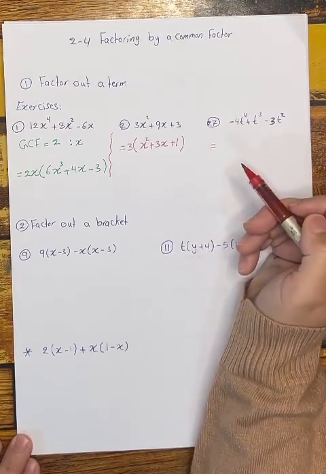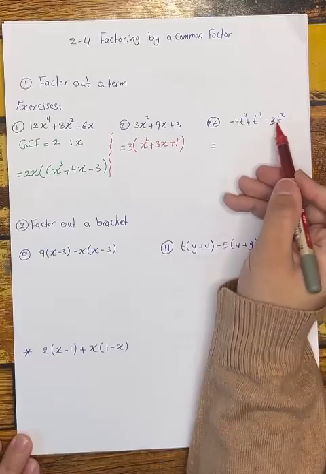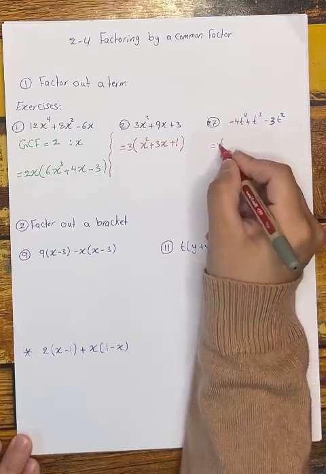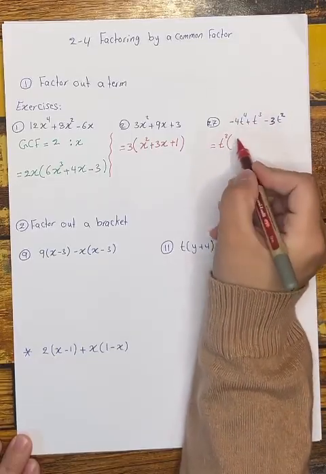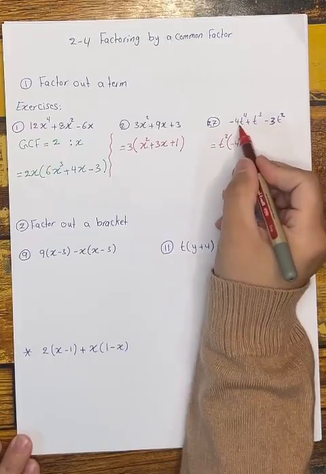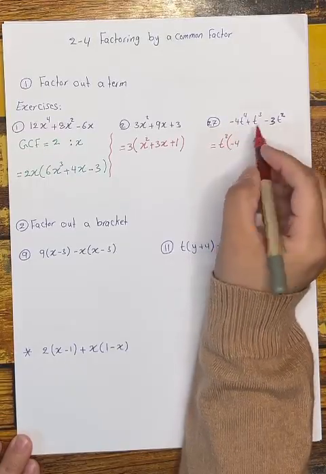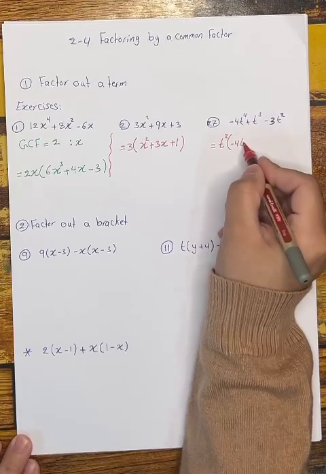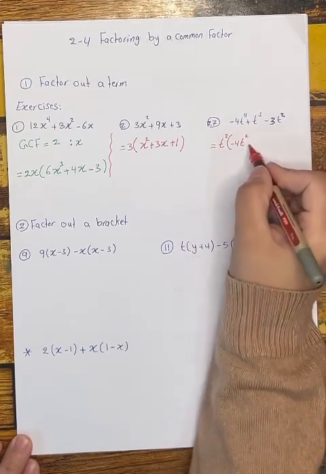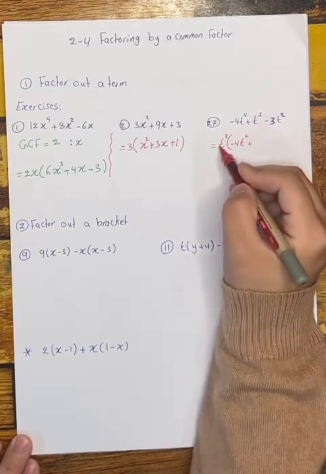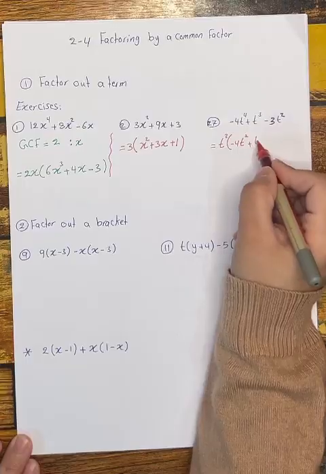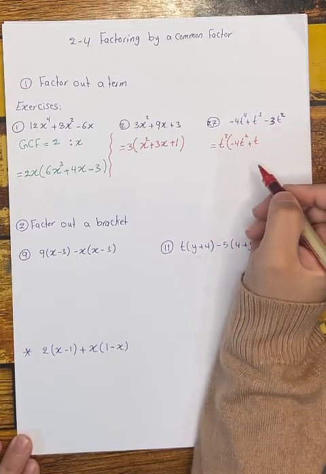The last question for factor out a term is 4t^4 + t^3 - 3t^2. There's no GCF for it, but the smallest power is t^2. I will factor out t^2. Negative 4 as it is, t^4 divided by t^2 will be t^2. Plus t^3 divided by t^2 will be t^1.